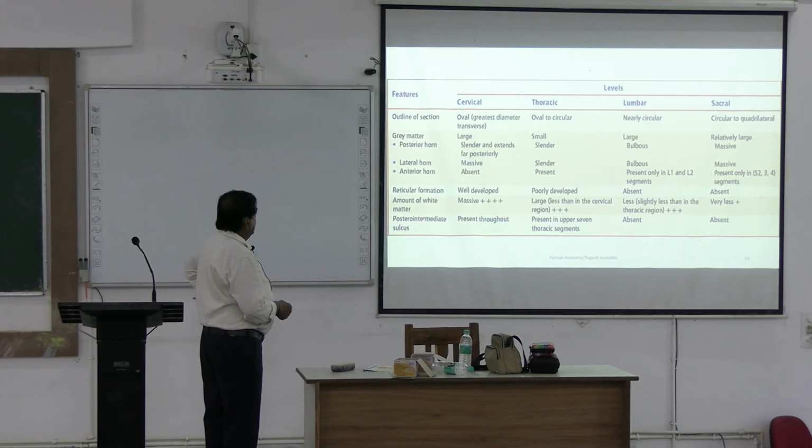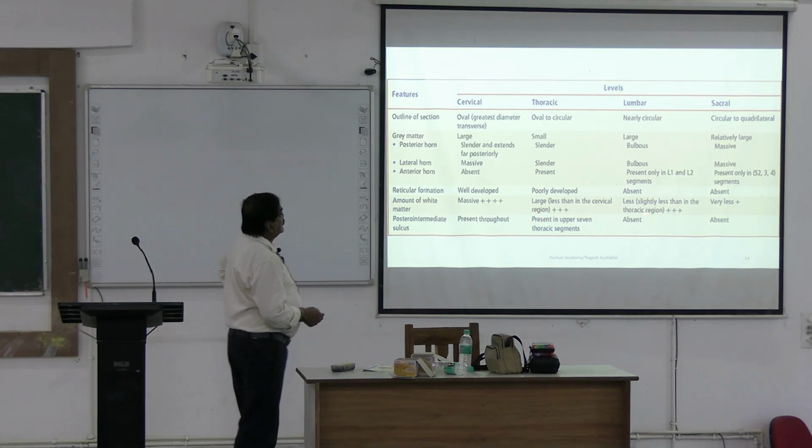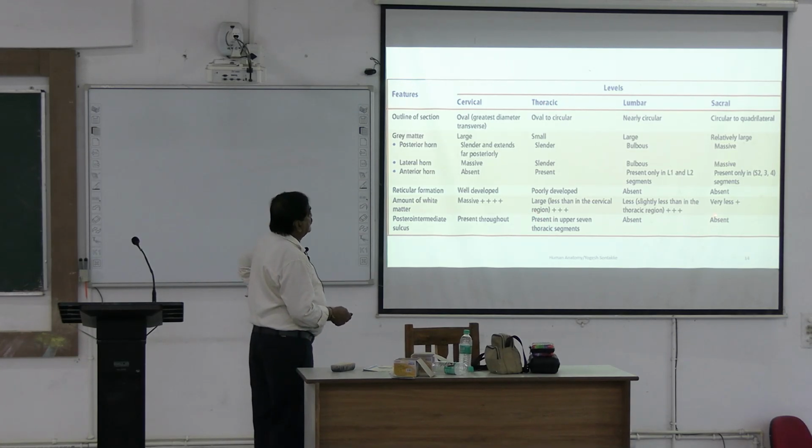Posterior intermediate sulcus is present in the upper 7 thoracic segments, absent in the lumbar, and absent in the sacrum.